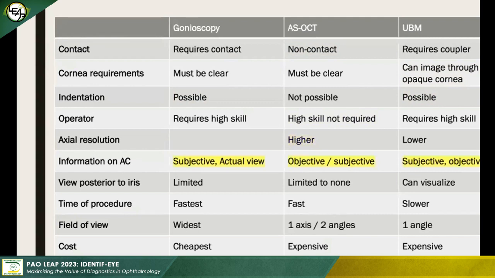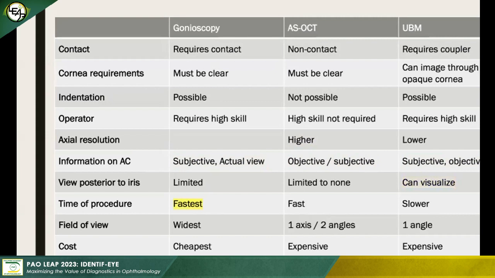The information on the anterior chamber, I highlighted all in yellow because each of these has its own strengths and weaknesses. Of course, gonioscopy has that benefit of you being able to actually view the angles. But anterior segment OCT and UBM allow you to get some objective measurements. The major pro for UBM is that you can visualize past the iris.